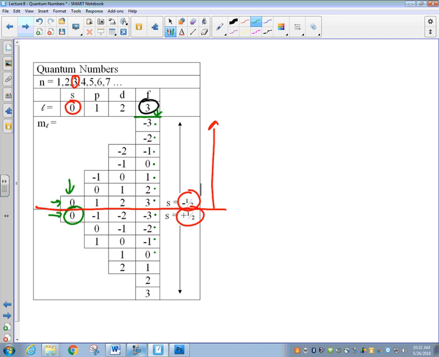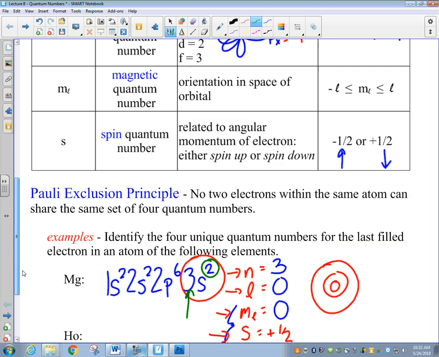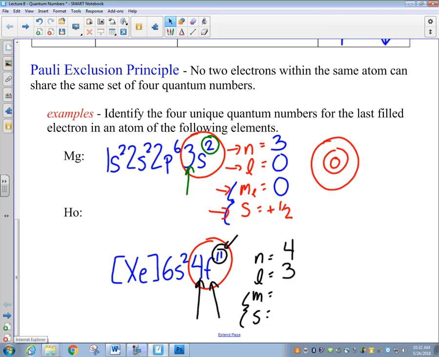So we are now 11 electrons in, which yields an orientation in space of a value of 0, and a spin below that line of division, which is a spin of positive 1/2. So our last 2 values here for the quantum numbers are a 0 for the orientation in space and a spin of positive 1/2.